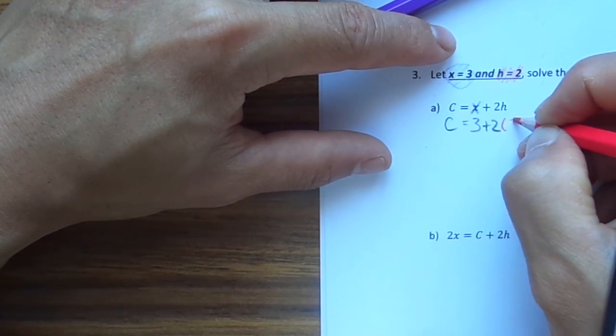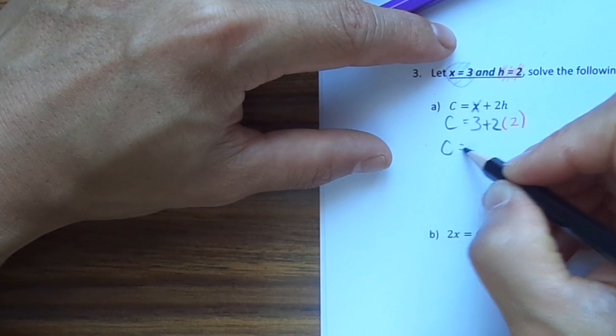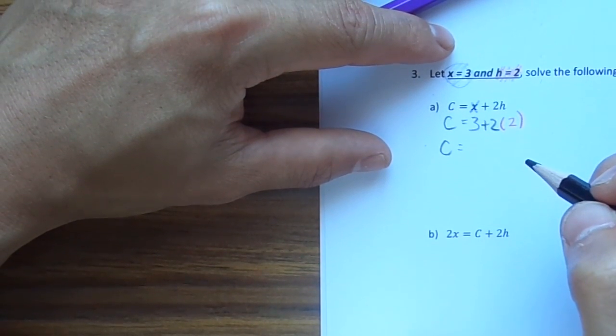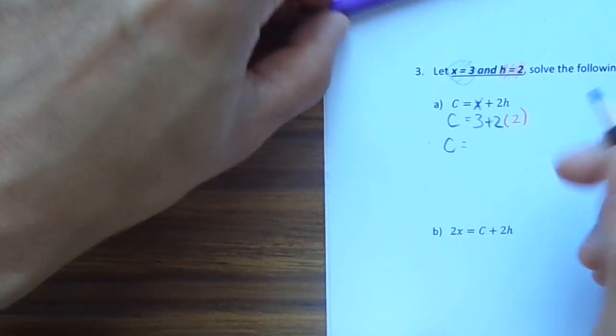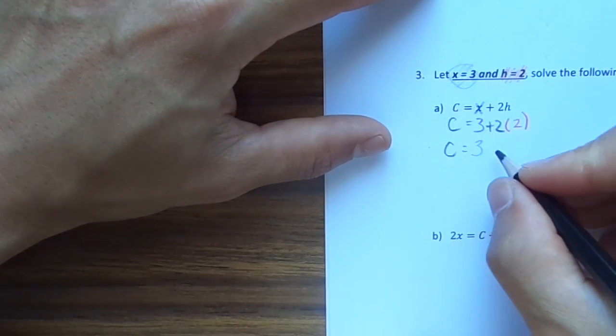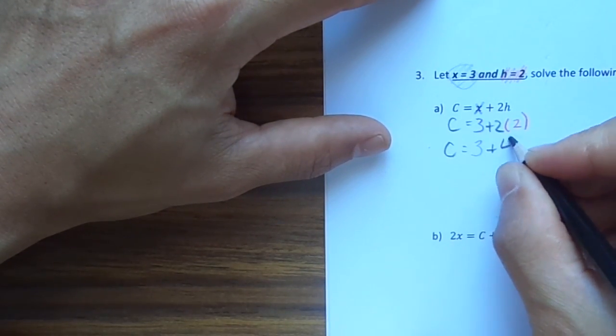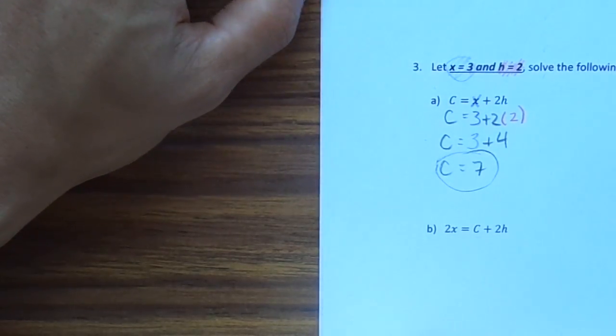So H is 2. Now let's use our BEDMAS skills. Brackets, nothing. Exponents, nothing. Division, nothing. Multiplication, yes. So here we would have 3 plus 2 times 2 is 4. And there we have it. C equals 7. Done. Okay?